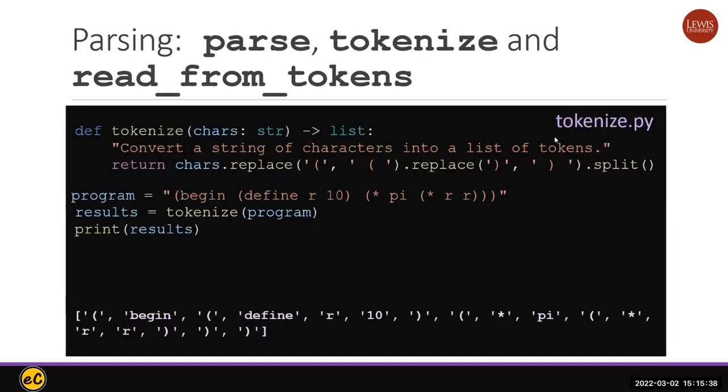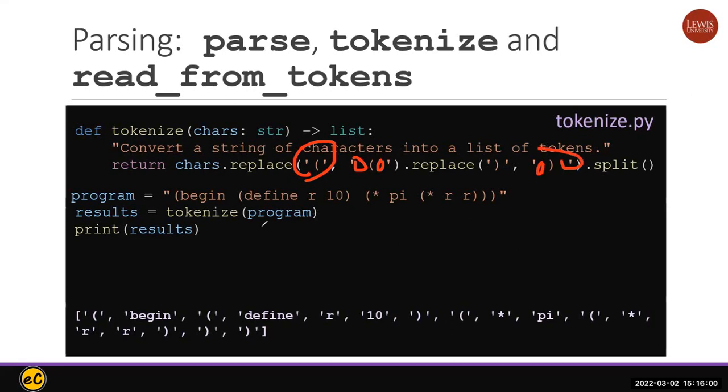So here there is a tokenizer function. You get a string, and then you replace each left parenthesis with the parenthesis surrounded by spaces, and the right side is the same. And you will have your program tokenized.